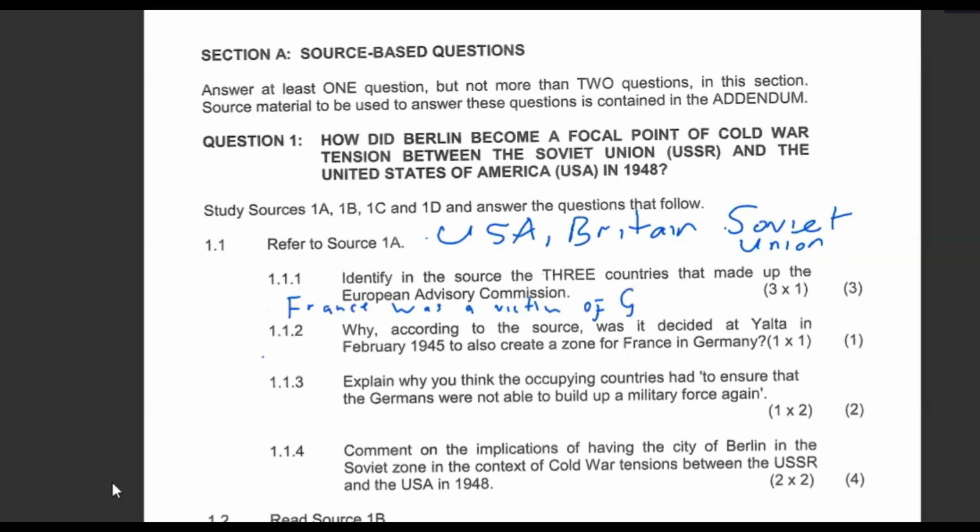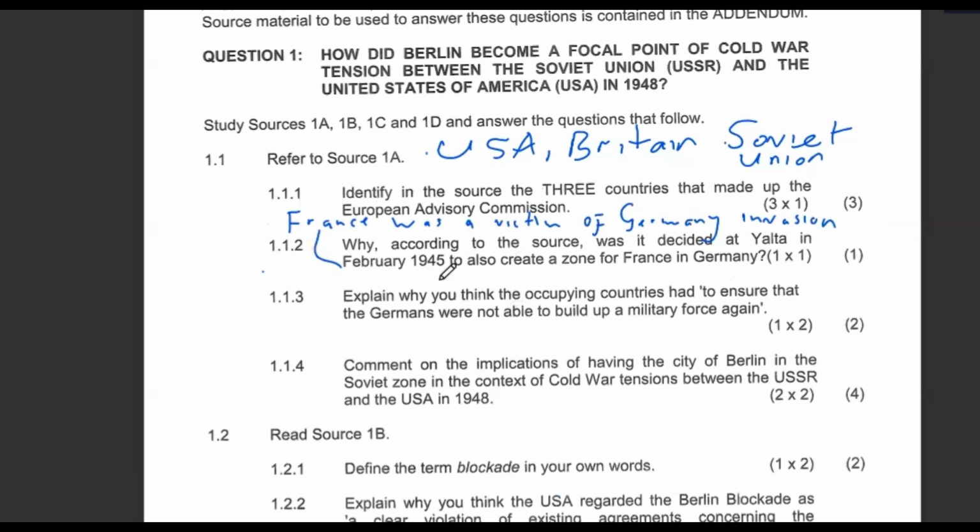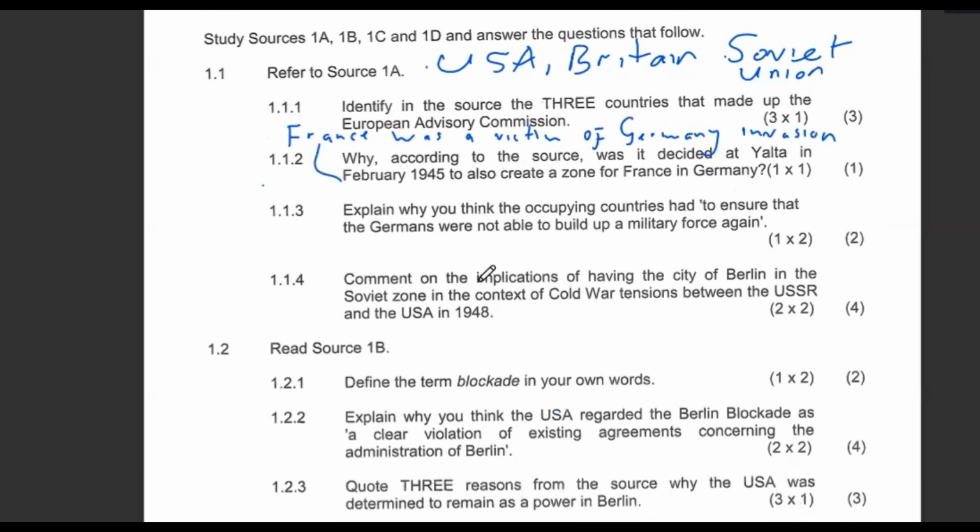France was actually a victim of German invasion. So that's why it was decided to create a zone for France in Germany. She was actually a victim. So they wanted to protect the interest of France against future invasion.